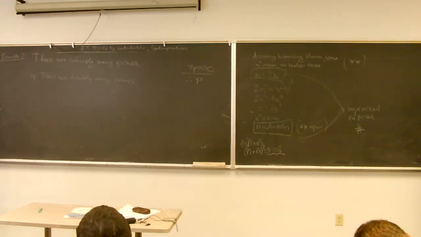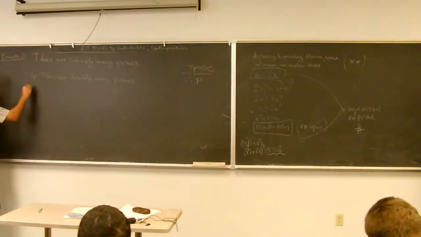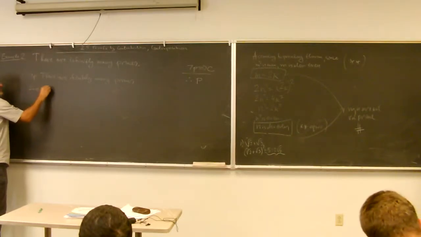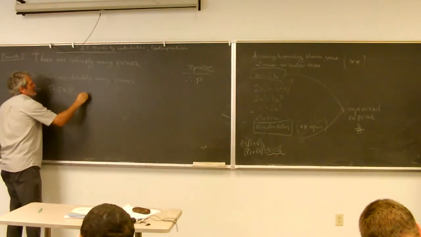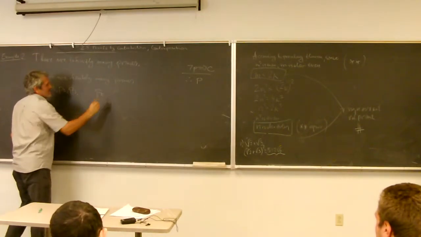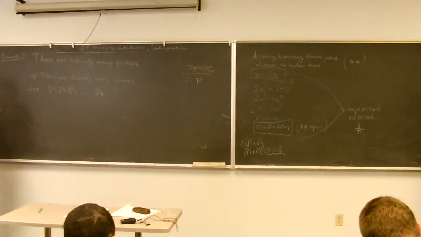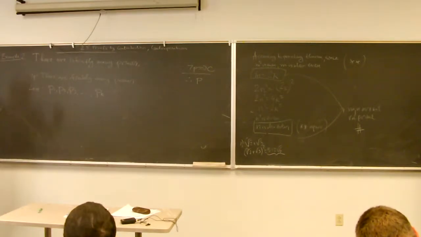So what? If there are finitely many, I can list them all. Do you agree? So here is the list of them: P1, P2, P3, and the last one will be, let's say, PK. And that's it. I have all the primes. It's a long, long list, but at the end there's a last prime, no more primes after that.